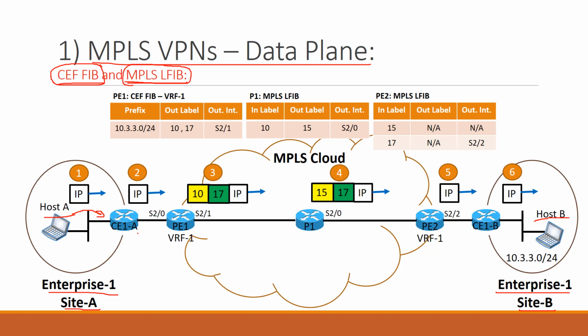So once it decides that it should forward out of this interface an unlabeled packet because it has no awareness of MPLS, this unlabeled packet will be received by the provider edge 1.